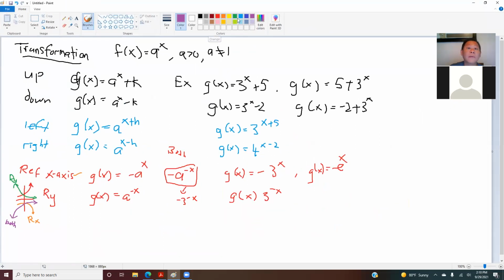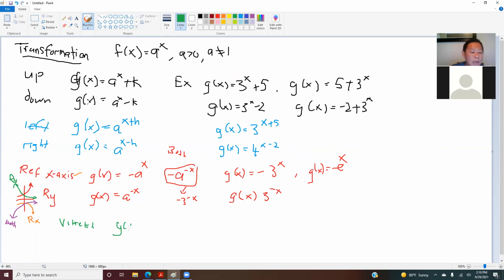So these are all the transformations that you kind of need to pick up here. If you multiply, so we have addition and subtraction, and if you multiply, we call that a vertical stretch or compress. A vertical stretch means you stretch it vertically.